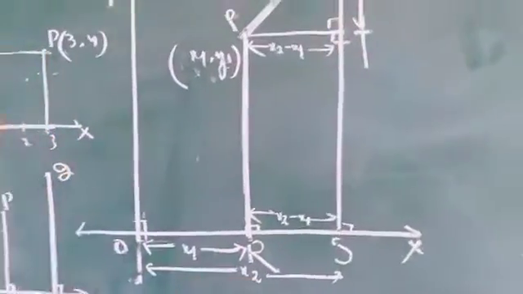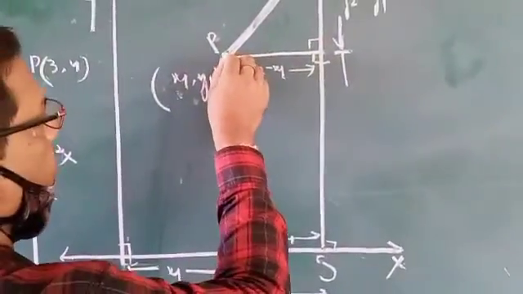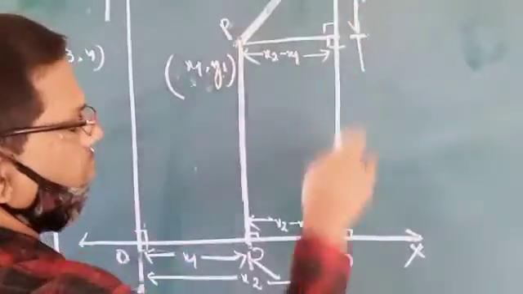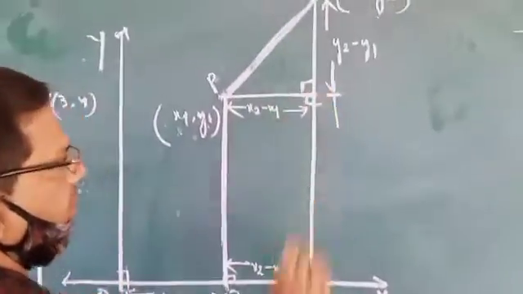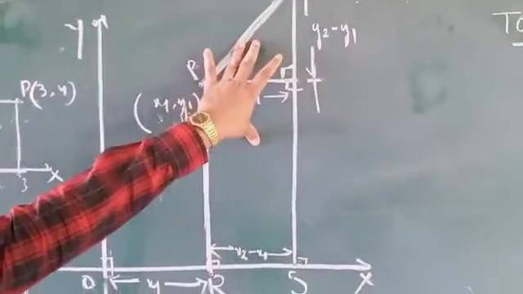Understood? Now again from P, draw the perpendicular to QS like this. This is the perpendicular, meaning this is 90 degrees. Up to this, are all of you clear?